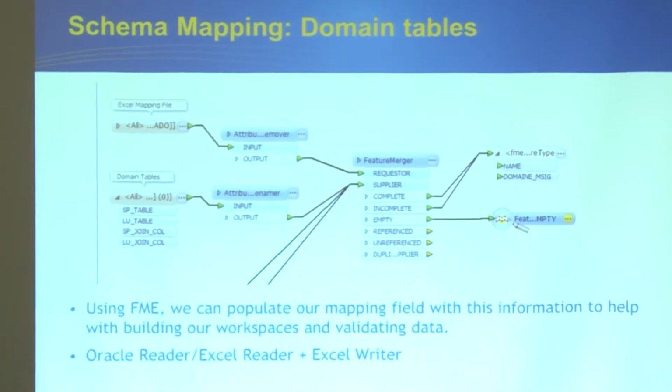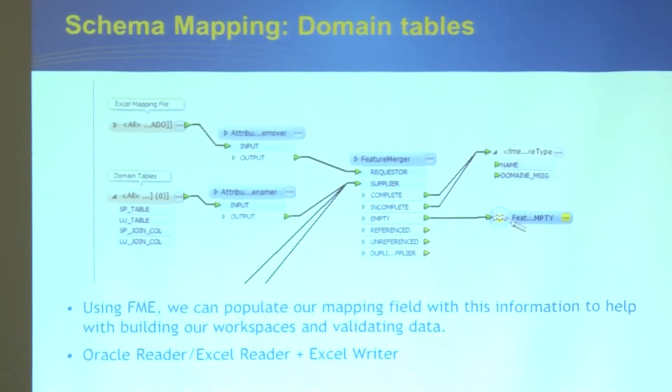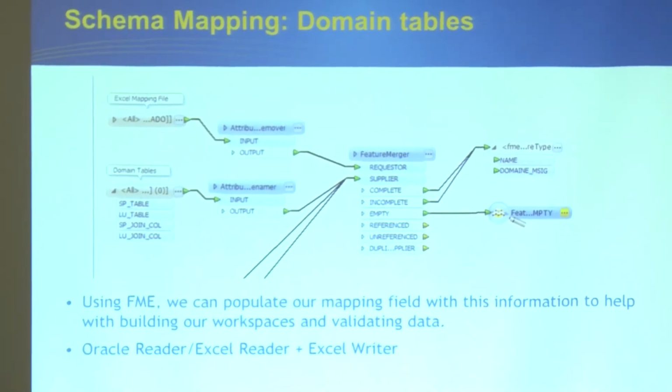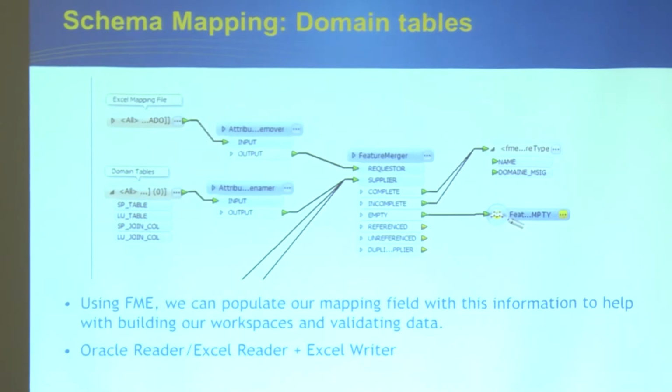This enabled us to make the right connections. In the bottom reader feature type, we actually have in the old system a list of all the SP tables, which would be our spatial table, the lookup table, and the join columns. So we pulled out the metadata from the database and put it into an Excel file so that we could properly do our mapping.